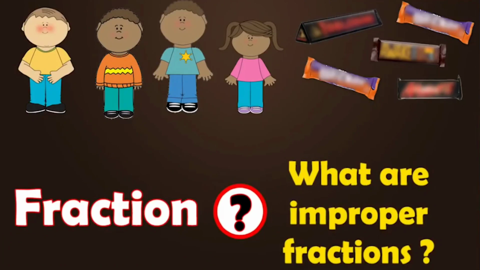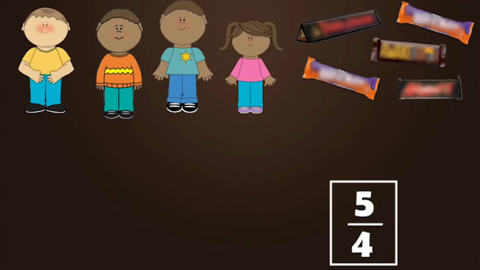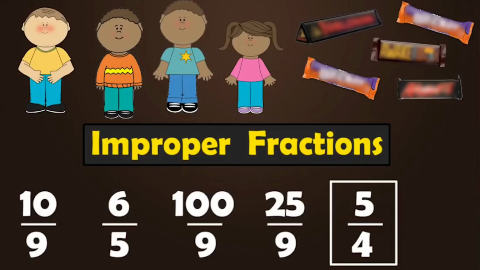The fraction formed is 5 divided by 4. And this is an improper fraction. Improper fractions are the fractions where the numerator is bigger than the denominator. Like 10 by 9 or 6 by 5.